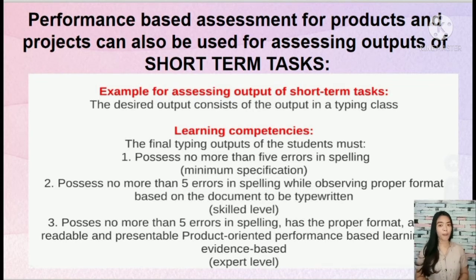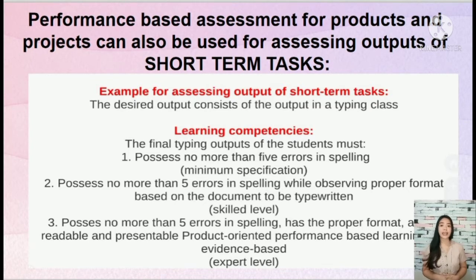The learning competencies are: the final typing outputs of the students must, number 1, possess no more than 5 errors in spelling. That is the minimum specification. Number 2, possess no more than 5 errors in spelling while observing proper format based on the document to be typewritten.